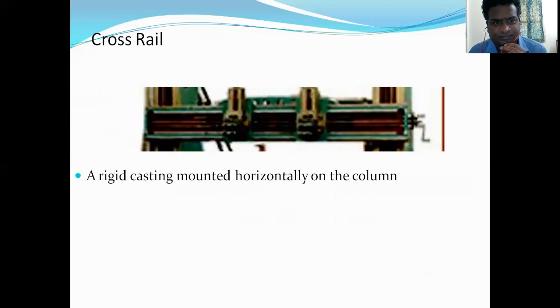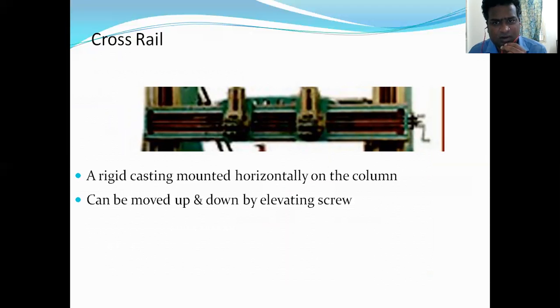Cross rail is a rigid casting mounted horizontally on the column, and it can be moved up and down by the elevating screw. It can be moved up and down for adjustment to the width of the workpiece. For that reason, it has the up and down movement, controlled by the elevating screw.